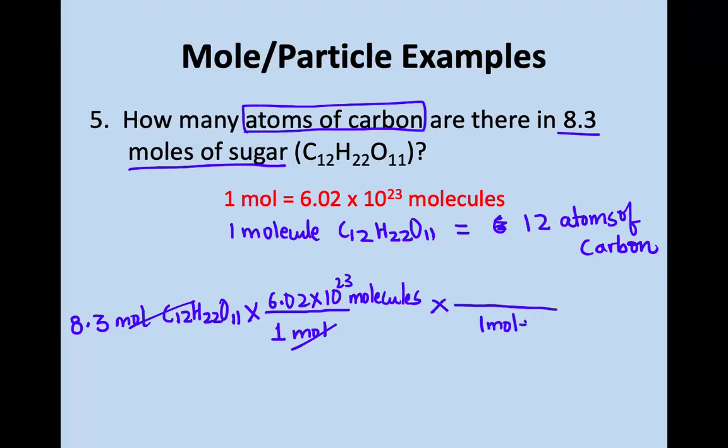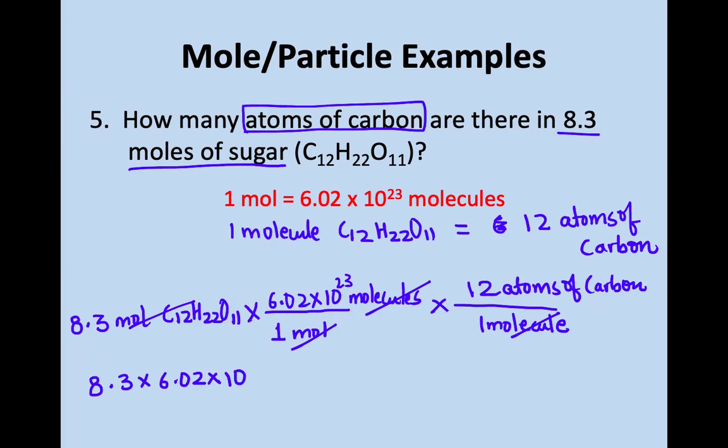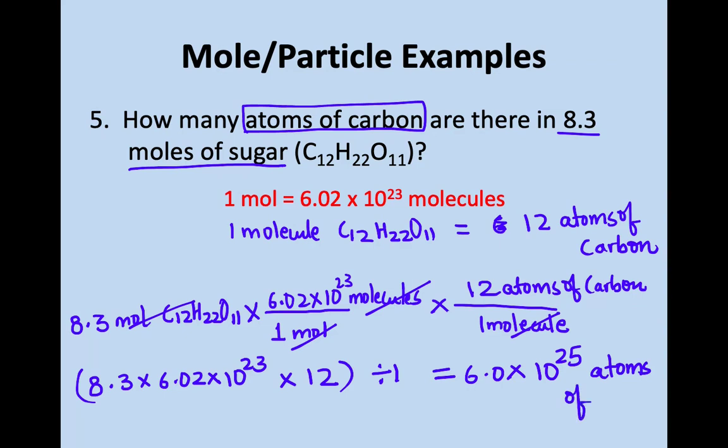One molecule of sugar contains 12 atoms of carbon. Okay, molecule and molecule get cancelled, and now in a calculator, this is what we'll be putting. 8.3 times 6.02 times 10 to the power of 23 times 12. Okay, and everything is divided by 1, which is equal to 6.0 times 10 to the power of 25 atoms of carbon.